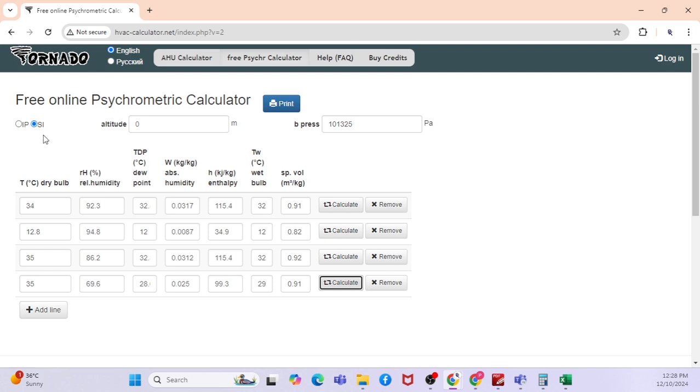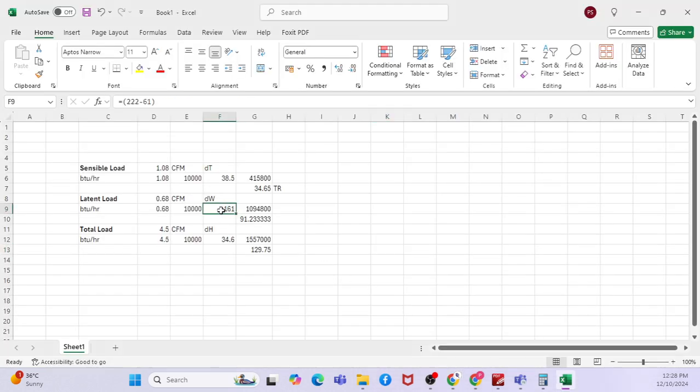So now I will go to this one and I will see what is the temperature here. See, it is 175, right? Not 22222. It is 175 based on that condition, delta W. So if I go 175, so now it is matching, right?